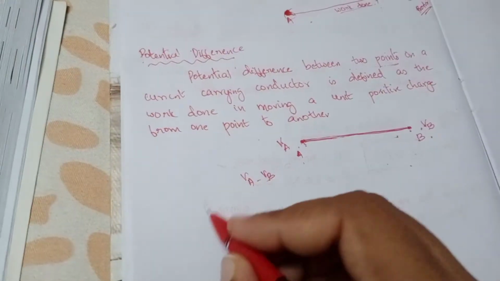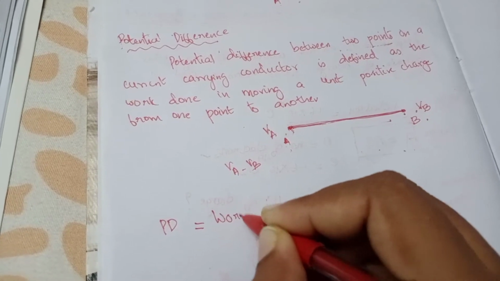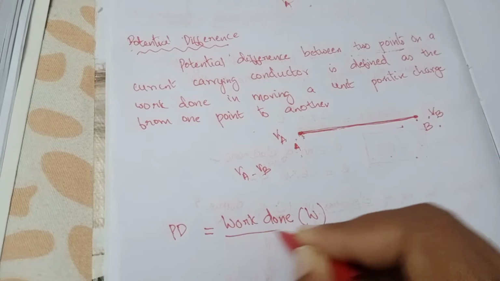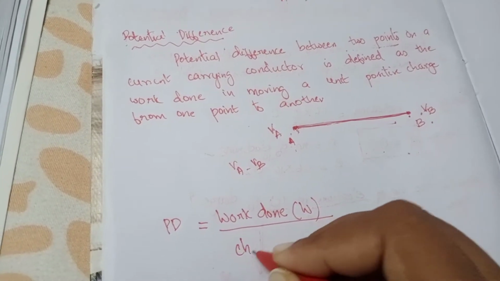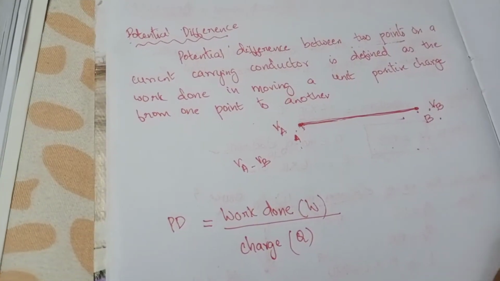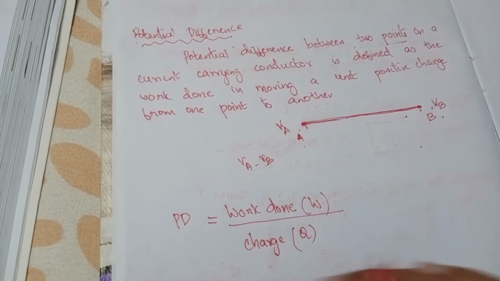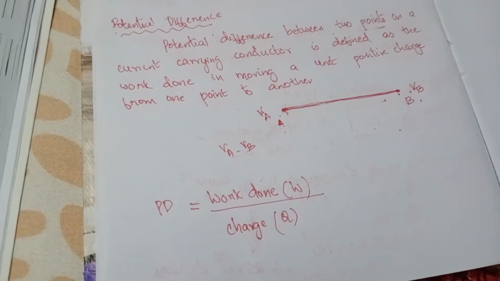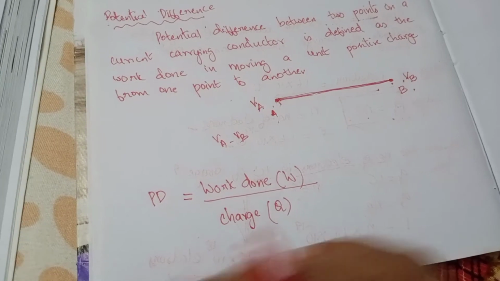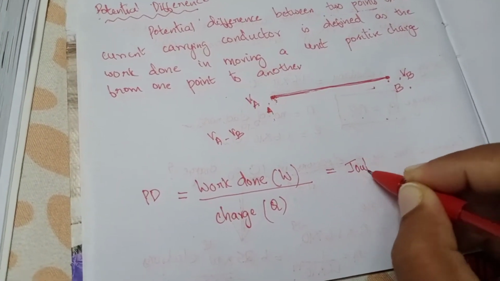So we can define potential difference as the work done, represented as W, divided by charge. Work done by charge is the formula to find out the potential difference across a point. Work done will always be represented in joule, right? The SI unit of work done is joule.